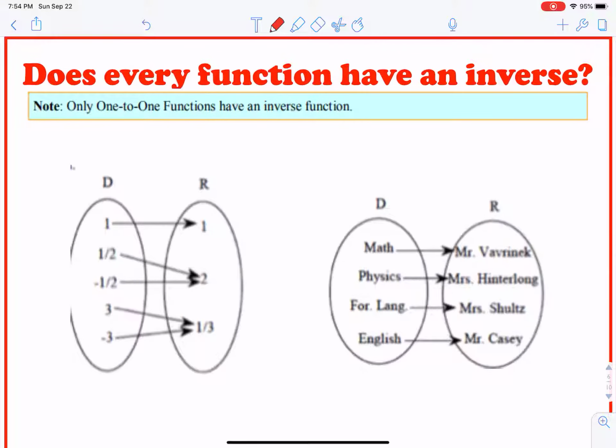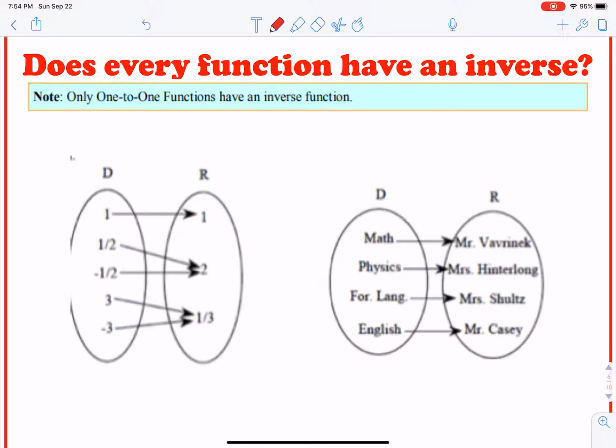Moving forward, I can see here that this is a function. Every input maps to one and only one output, but it's not a function backwards. This 2 and this 1/3 value come from 1/2 and -1/2, and from 3 and -3.